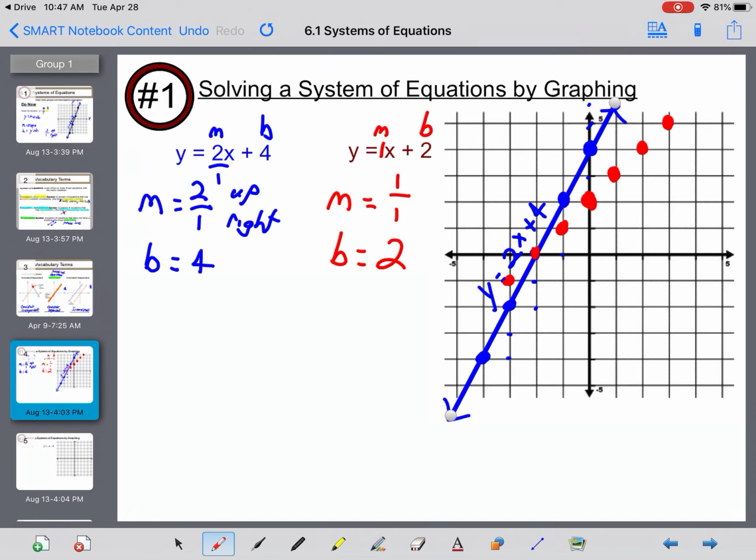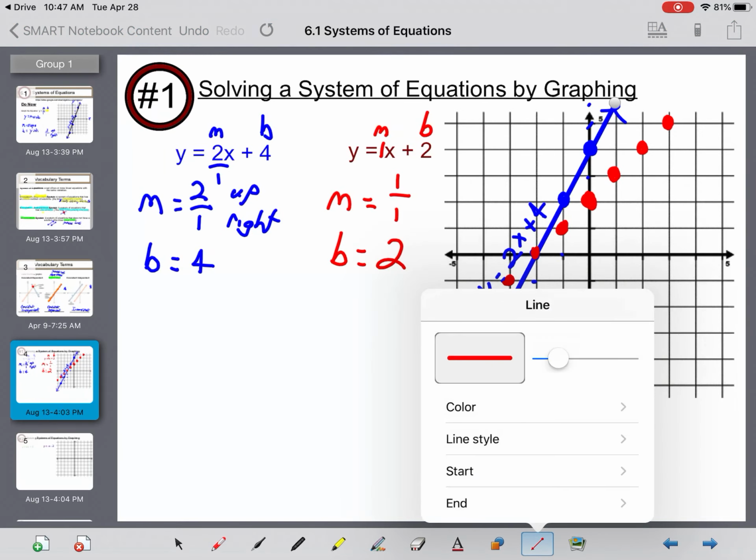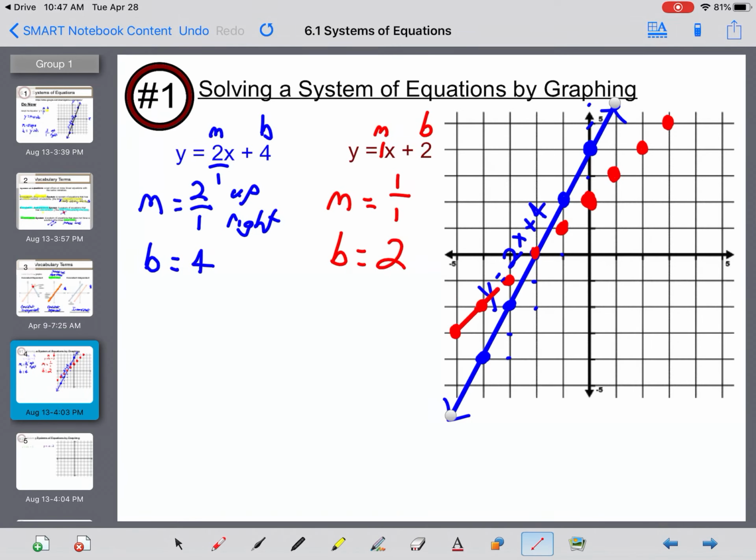We're going to continue that trend all the way through the graph. We are going to connect with a line. I'm going to label the red equation y equals x plus 2.